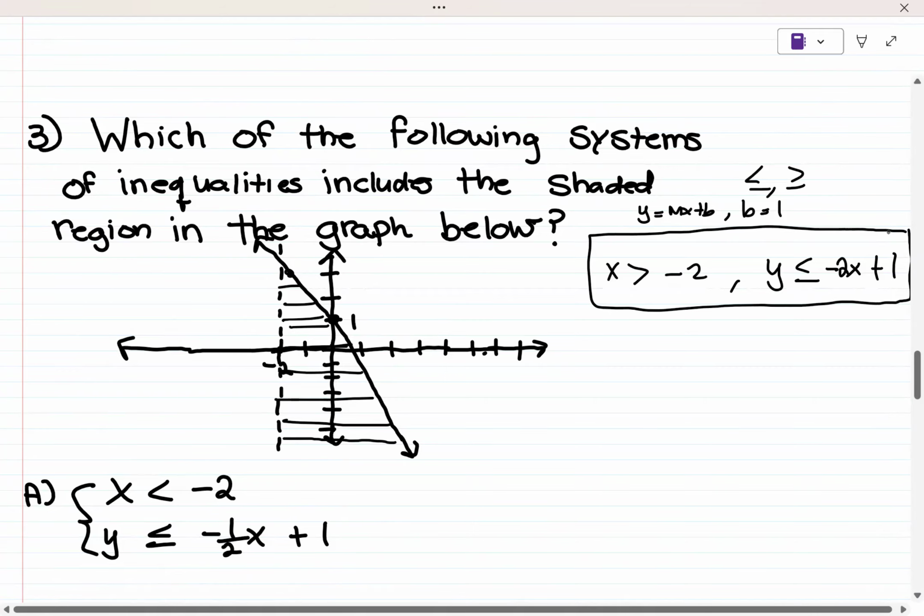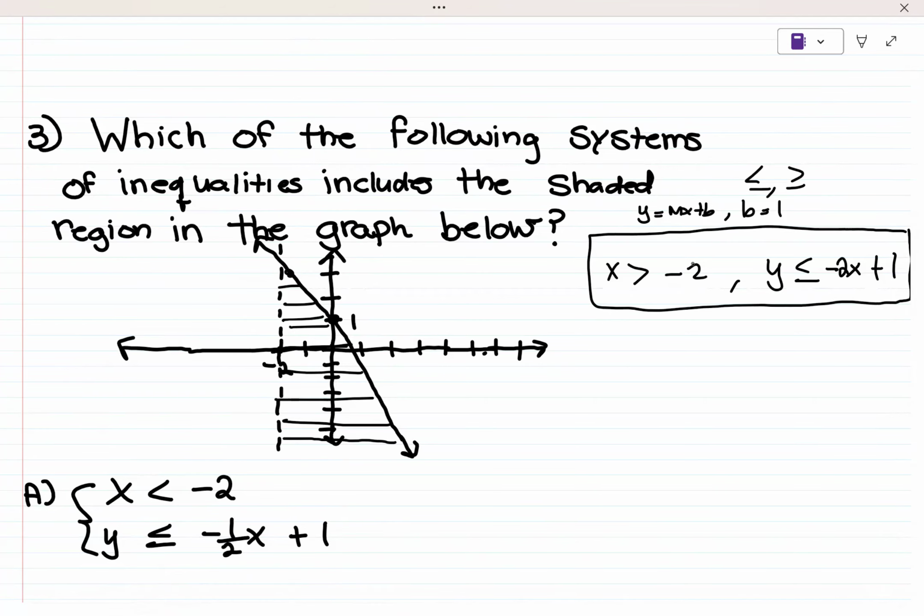Okay. So if you don't really believe me, you could put this in a calculator, but let's look, this is why they did the shading. So x is greater than -2. You draw the vertical line, right?